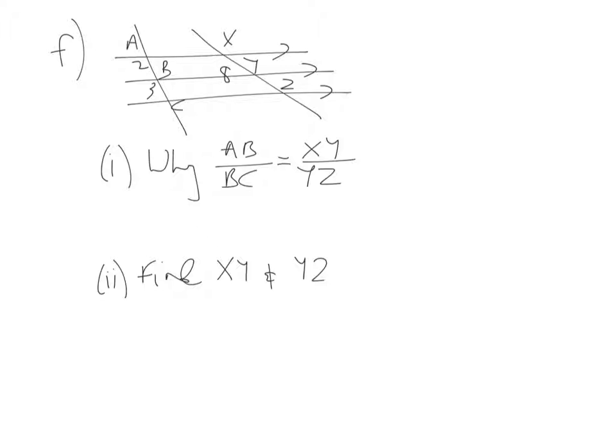Okay, we have 3 parallel lines cut by 2 transversals, so therefore the ratios between this and this and this one must be equal. So AB over BC must equal the same ratio as that there.